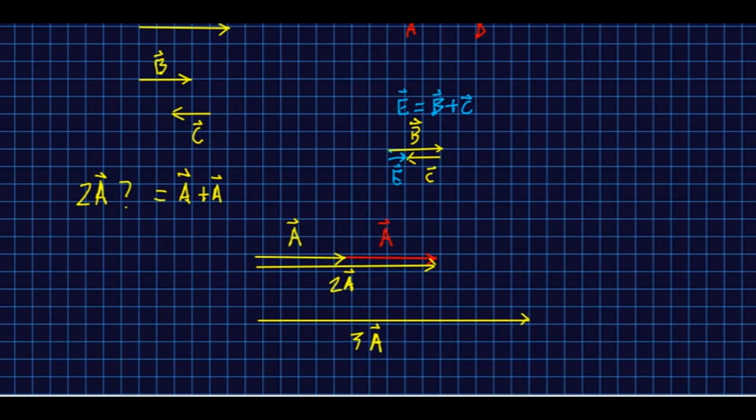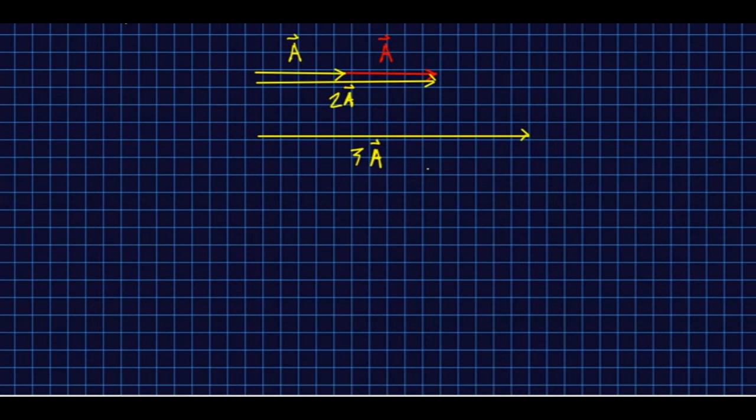So what if we multiply by a negative? Think about what negative A looks like. Well, what we know about negative A is that A plus negative A must be 0. I mean, that's what we mean by taking the negative of something.